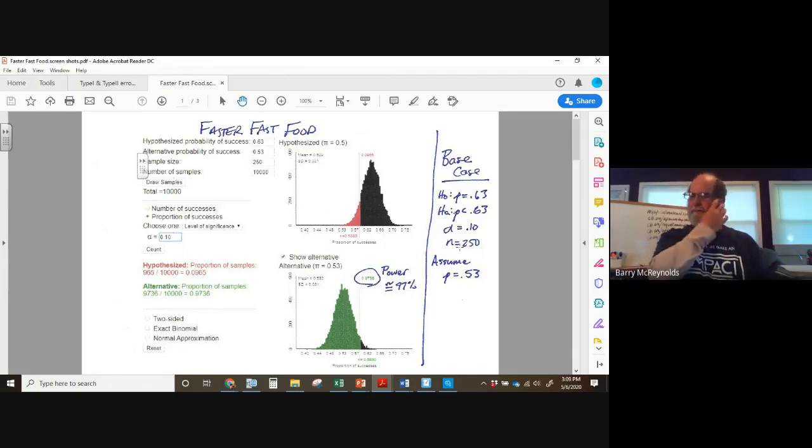Now, here's the thing. We can do a significance test with just this information right here. But in order to calculate the power of the test, we have to assume some value that fits the alternate hypothesis criteria.